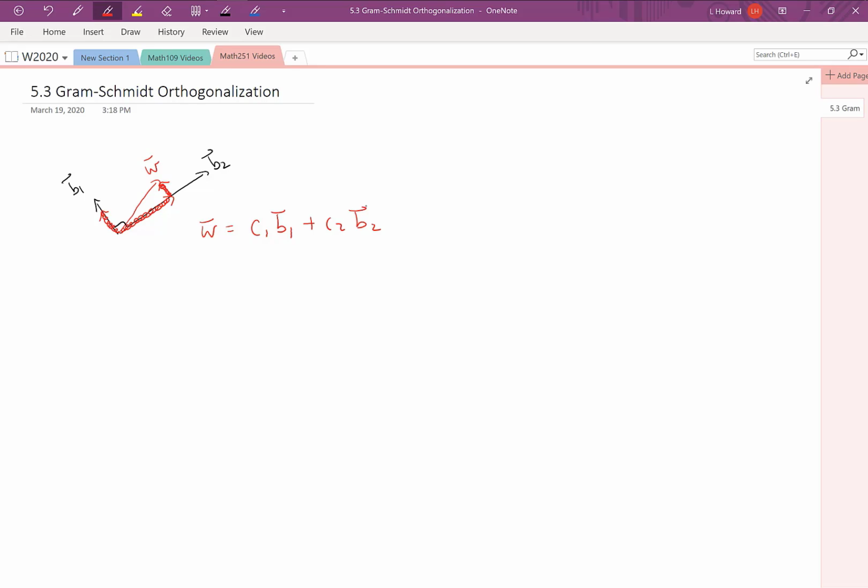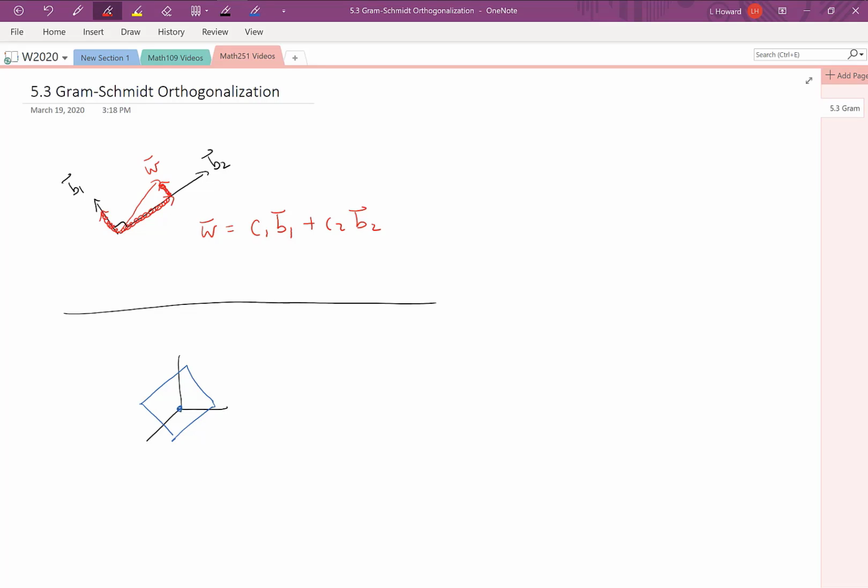So let's do a quick preview of the type of question that we're going to be answering in this section. Let's imagine now that we're in R3 and that we've got some plane passing through the origin, but that is tilted in space. So it's not the XY plane, it's something that's tilted in a more interesting way. What we're going to want to do is find an orthogonal basis for that plane.